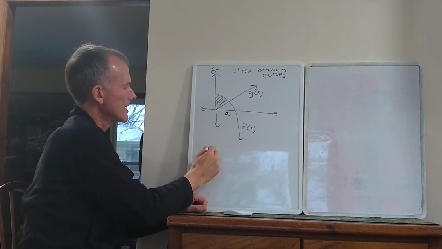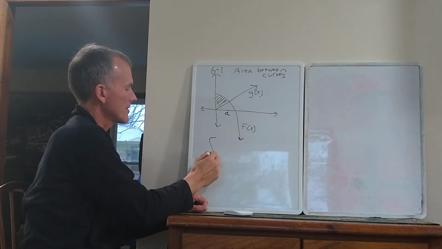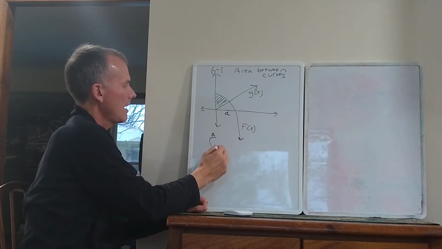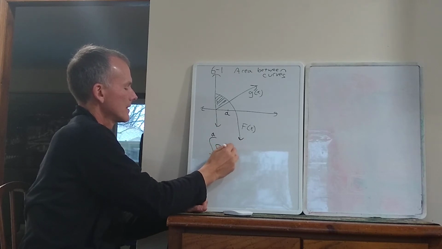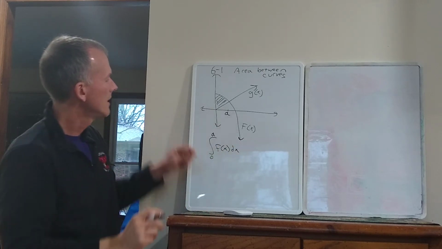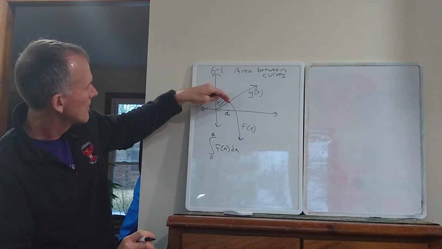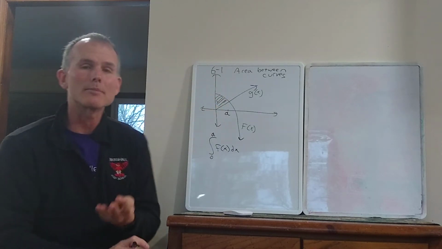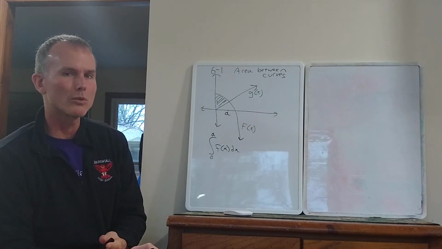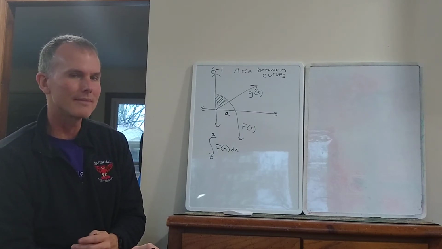If I just do the integral from 0 to a of f of x dx, that's going to get all the area beneath that curve f of x and the x-axis. That's going to be too much area, right? That's more area than is shaded.